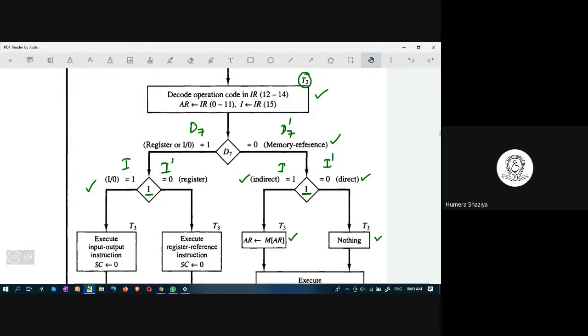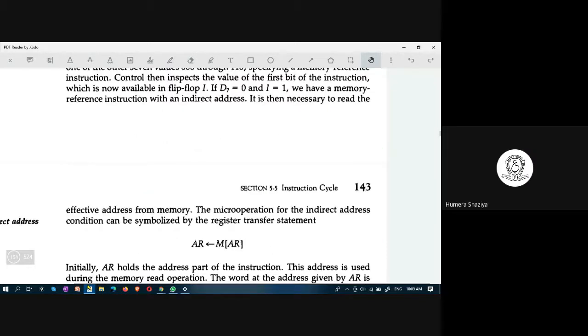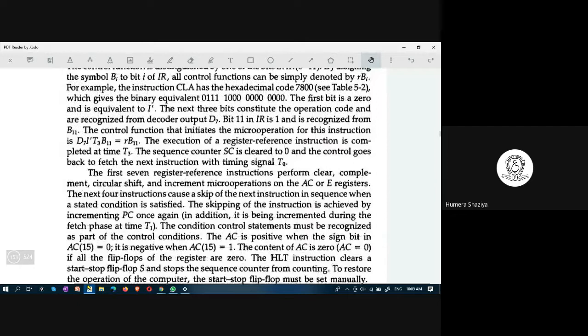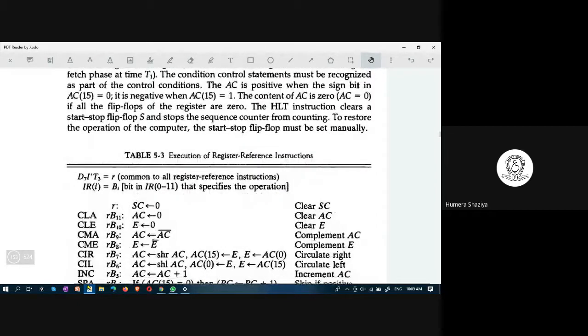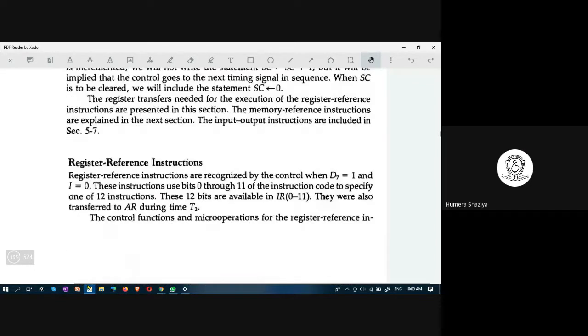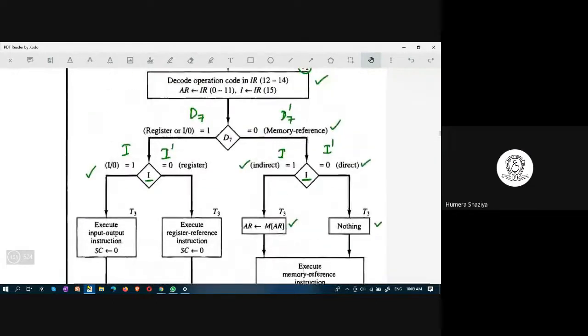What will IO instruction be designated by? Simply I, because it is 1. Wherever it is 0, you have to put a dash. So at the time T3, when I is 0, it is I dash. The D7 bit is 0 for memory reference and 1 for register or IO.